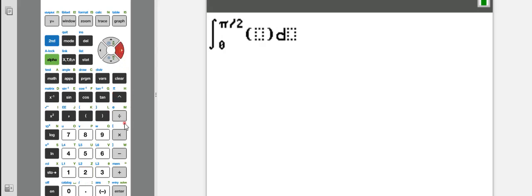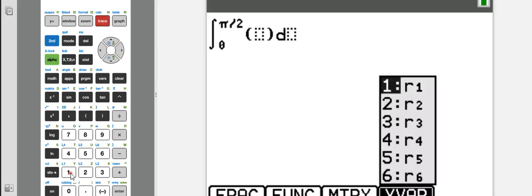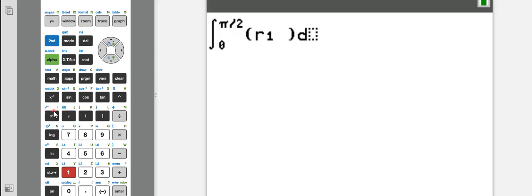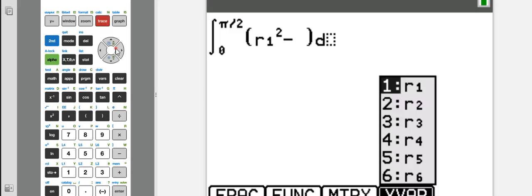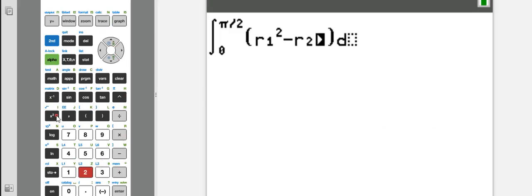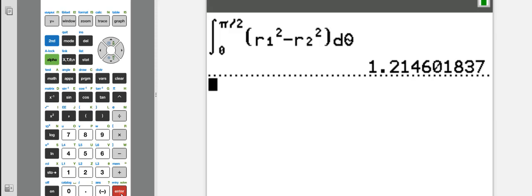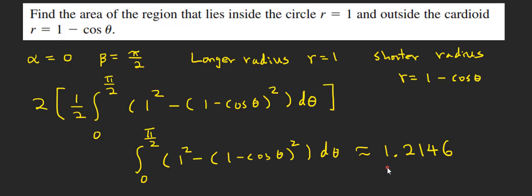It's going to be R1 squared minus R2 squared, and then d theta. Press enter, and there is your answer, 1.2146. So 1.2146 is the area that we were looking for.